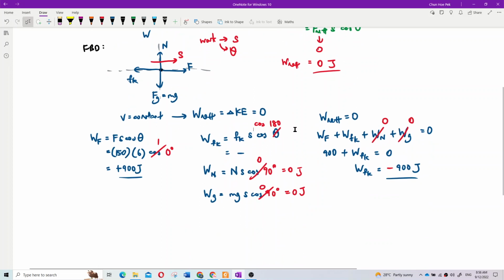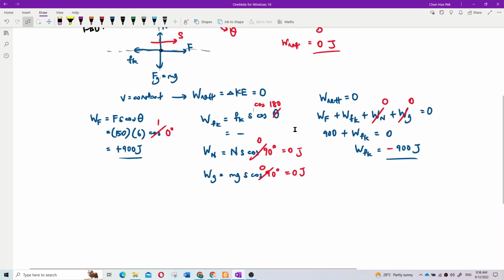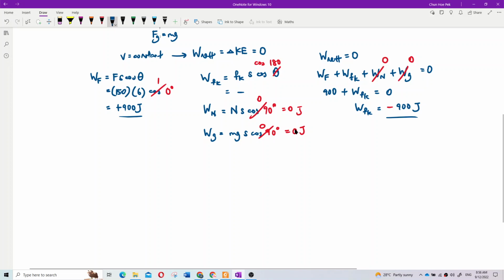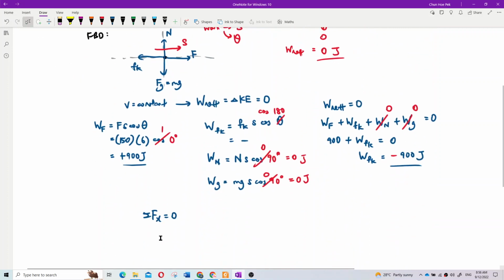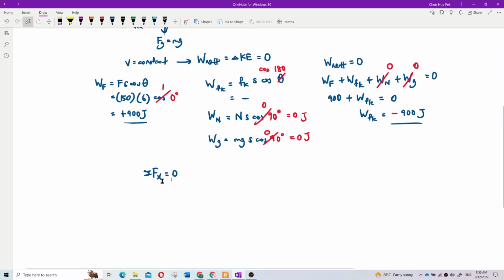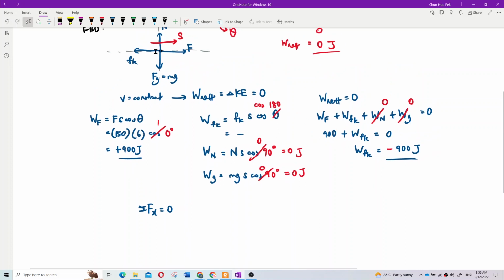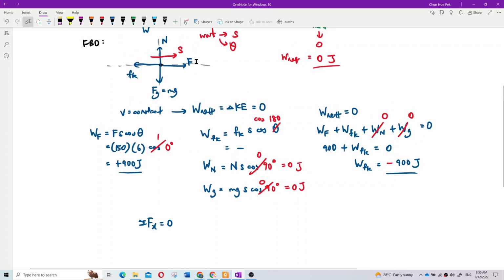If the other way around you want to do it, you also can. You find the total Fx equal to 0, based on the chapter 3 formula. Take the direction going to the right as positive, because acceleration is 0: F positive, friction negative.